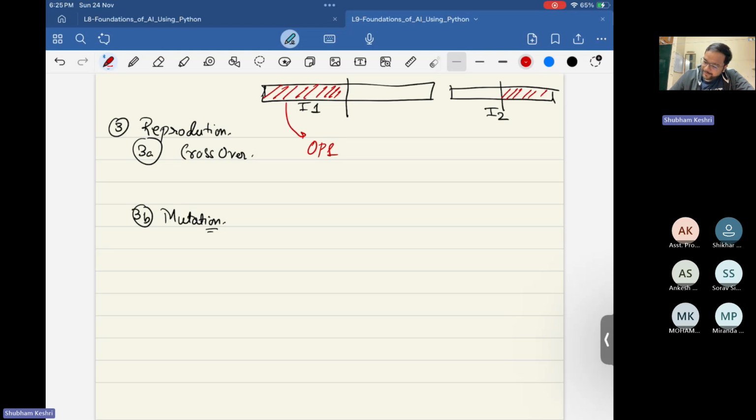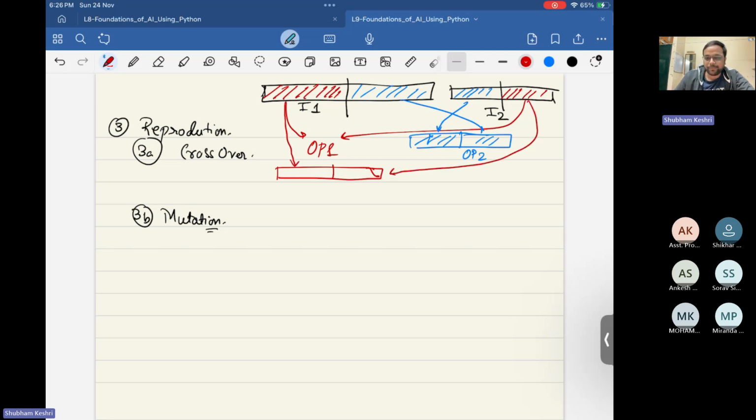So it will be this and this, and this half and this half will become offspring 2. This part is coming from here and this is coming from here. And for the other individual, this part is coming from here and this part is coming from here. So this is one crossover operator.